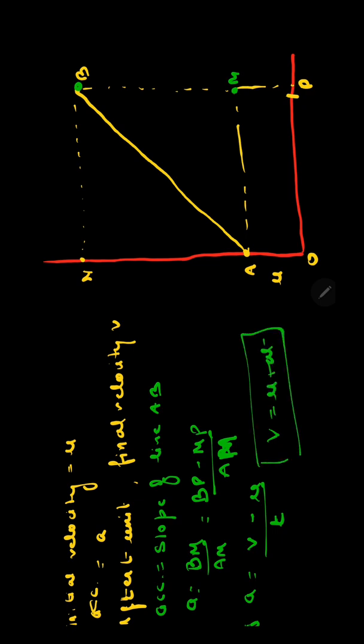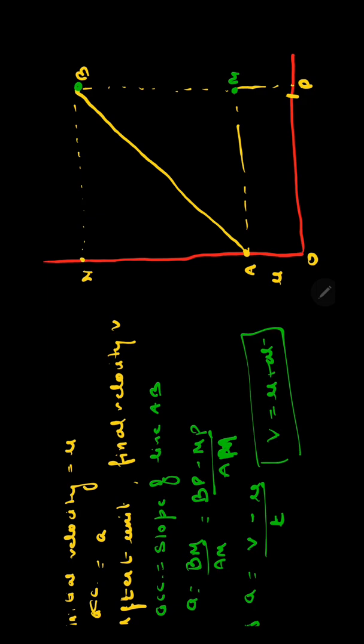Okay. Now children, we learn the derivation of the second equation of motion. In the second equation of motion, we find the distance. And children, remember one thing which is very important. Whenever it is asked to find the distance covered by the body on the graph, then you will find the area obtained by that line.